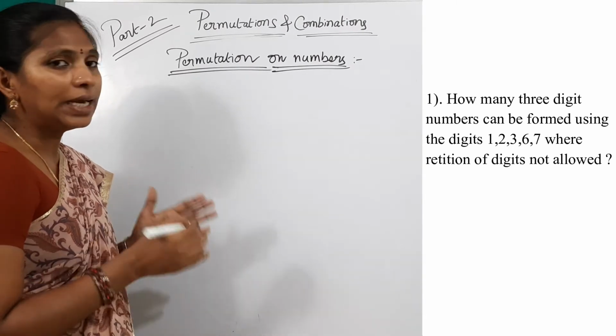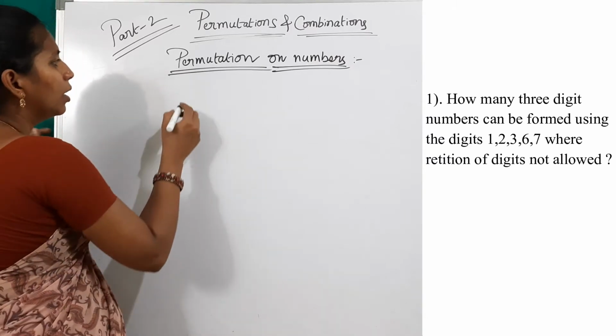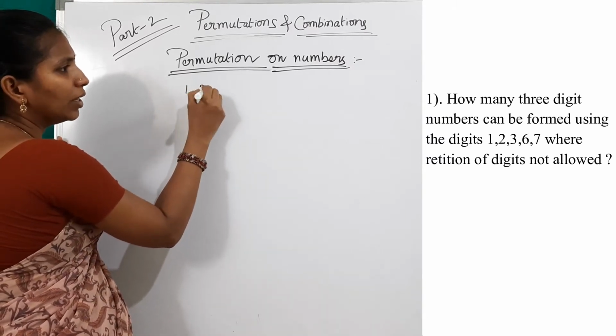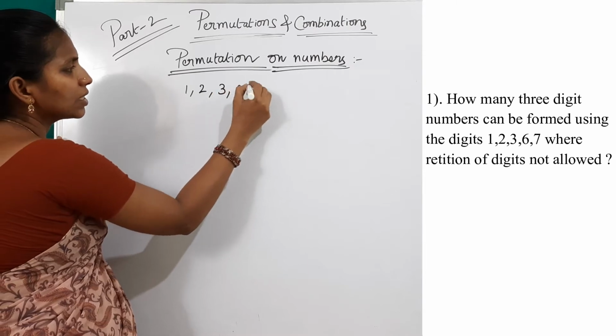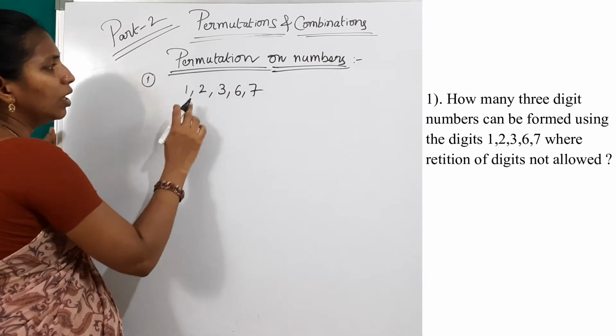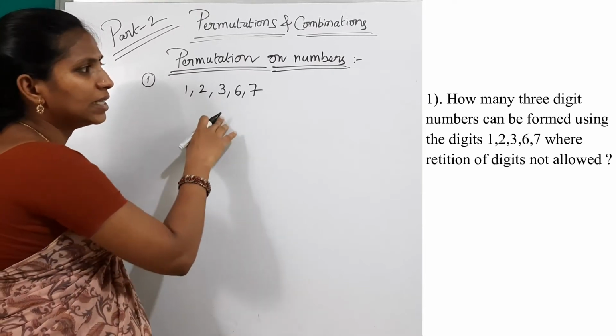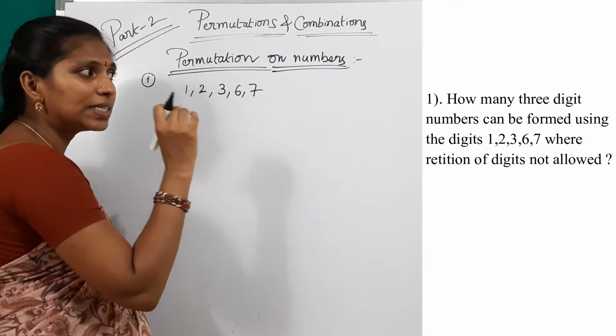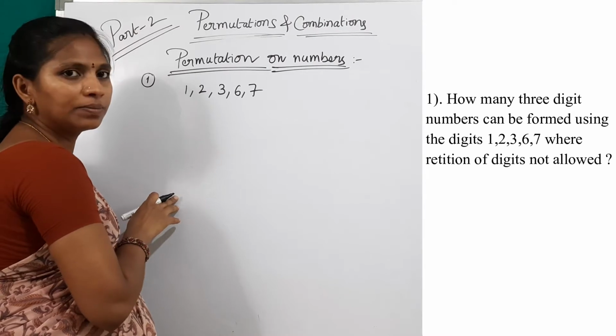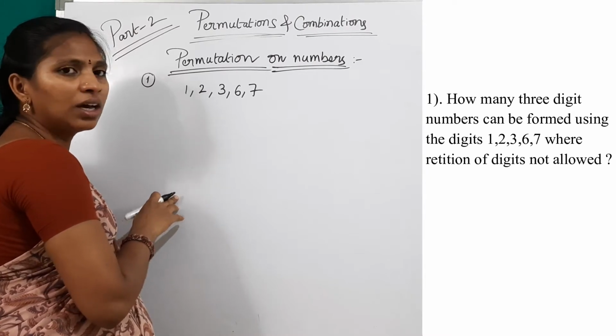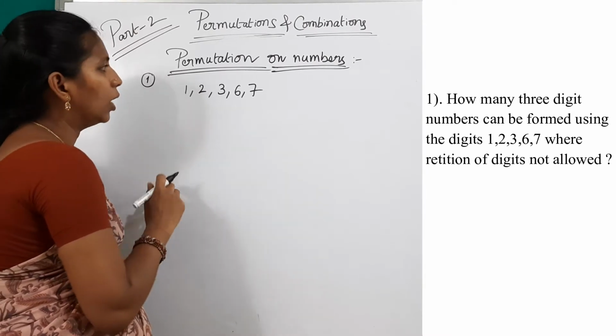Here given digits are 1, 2, 3, 6, 7. From these digits, how many 3-digit numbers can be formed? What is the condition? Repetition is not allowed.